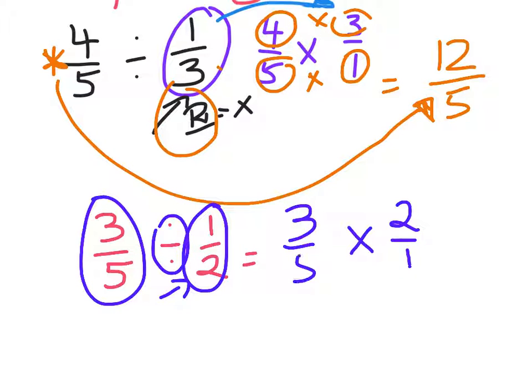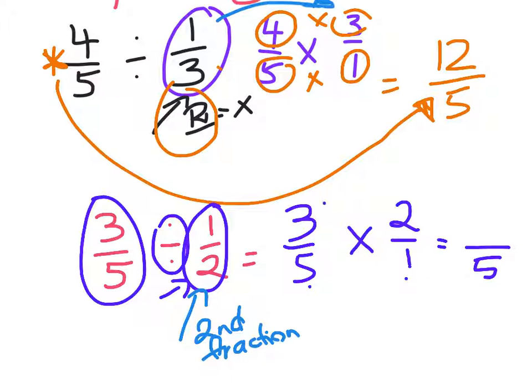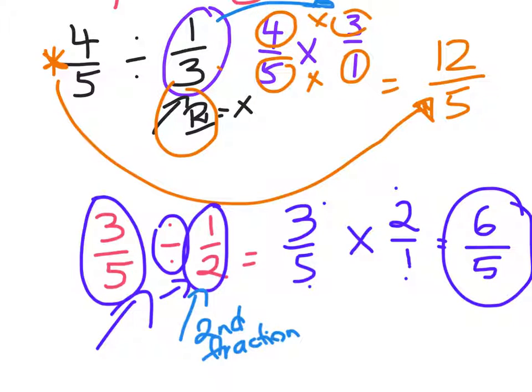You only ever change the reciprocal to the second fraction. Very important. You don't apply it to both, and you don't apply it to the first one. So here we have 5 times 1 is 5. 3 times 2 is 6. So therefore, the answer to this problem is 6 over 5.